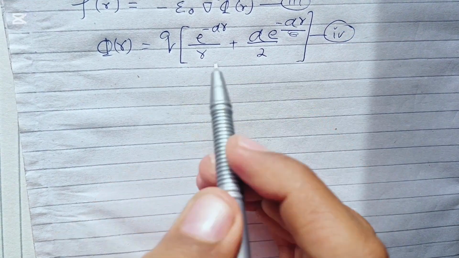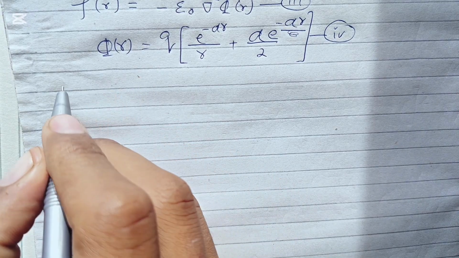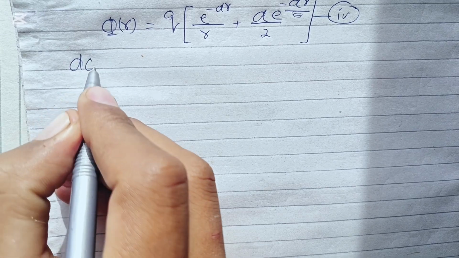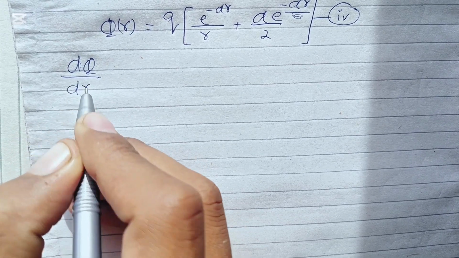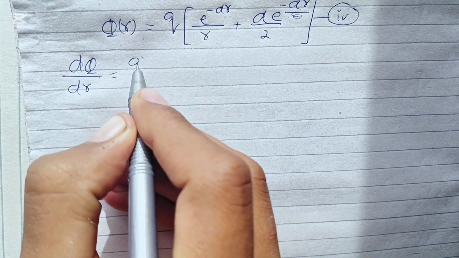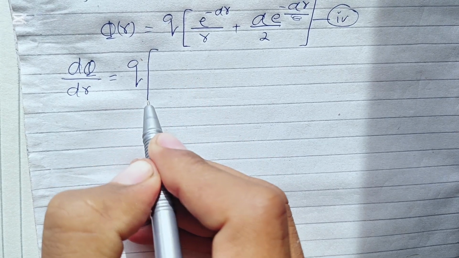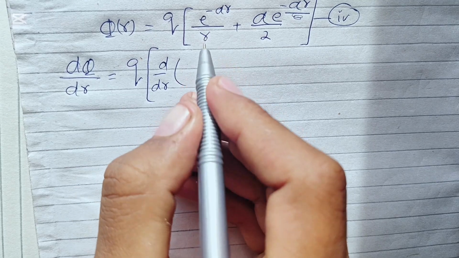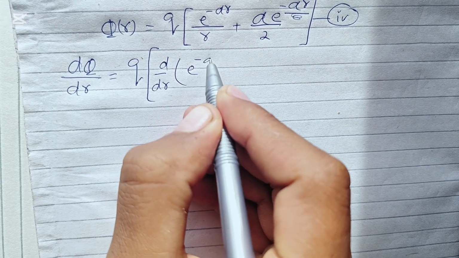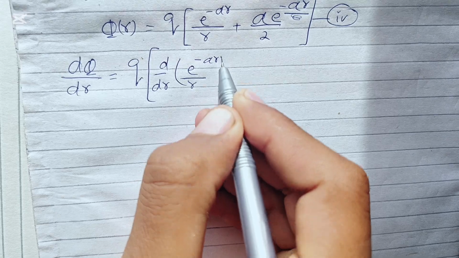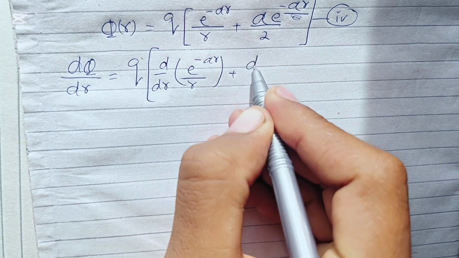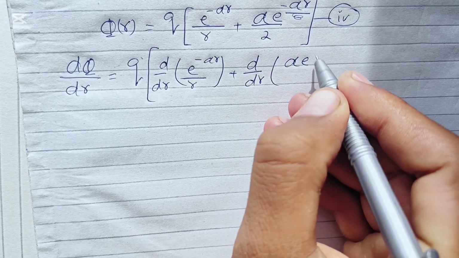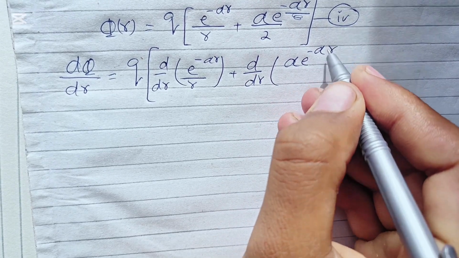Taking the derivative of equation 4, d phi by dr equals q times d by dr of the first term, e^(-alpha r) divided by r, plus d by dr of the second term, alpha e^(-alpha r) divided by 2.